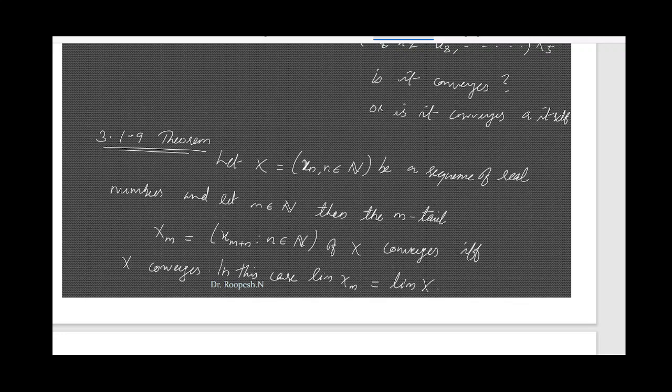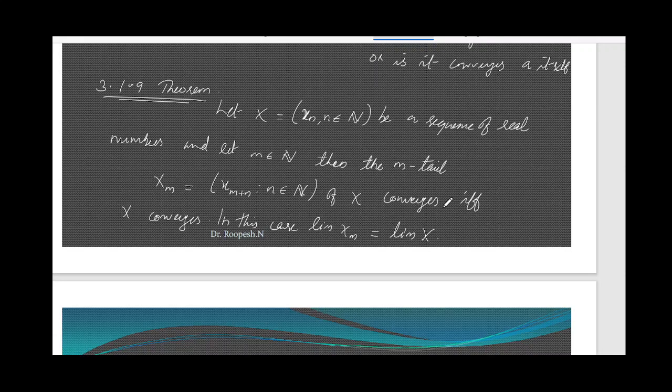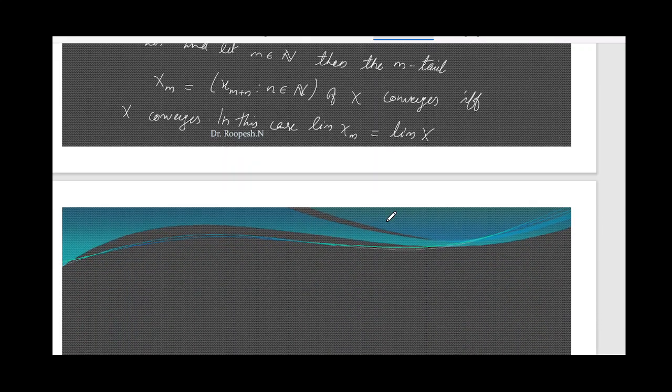Let x be a sequence of real numbers and we are taking its m tail, then x converges if and only if its m tail converges. Or in other words, if the m tail converges, then x also converges, and if x converges, then the m tail also converges to the same limit, and whenever the tail of a sequence converges to a limit, then the entire sequence will converge to the same limit.